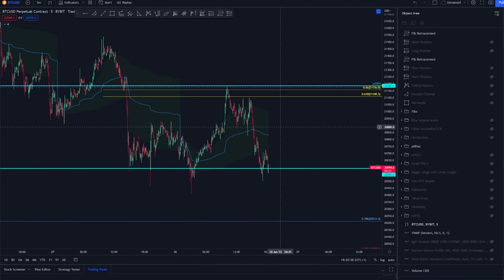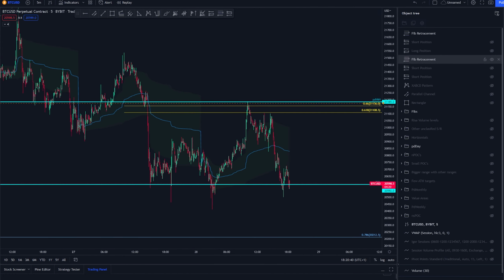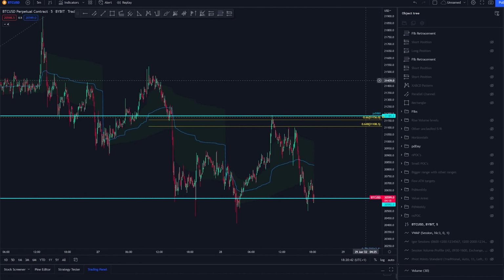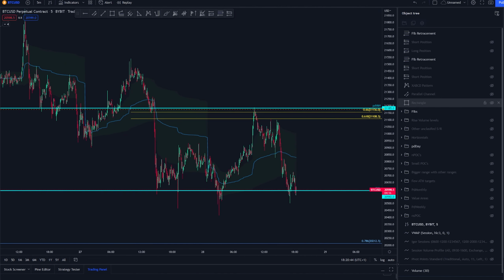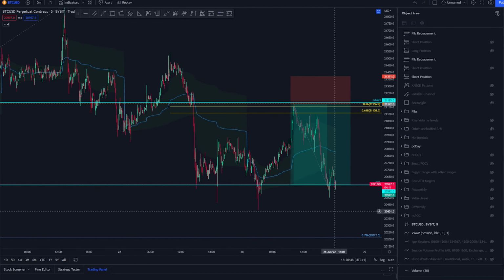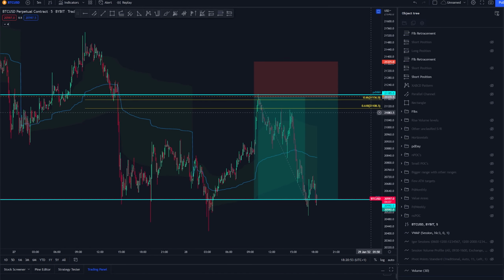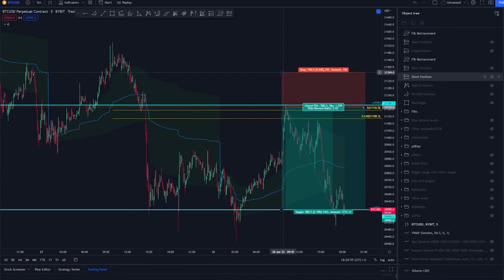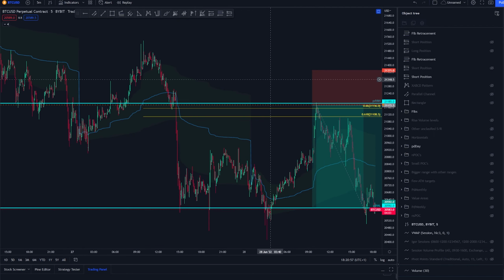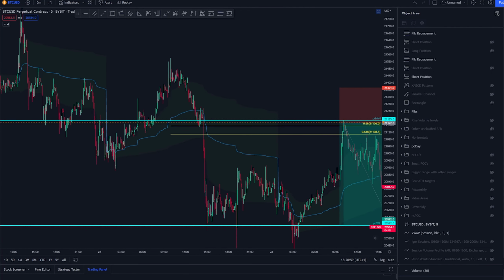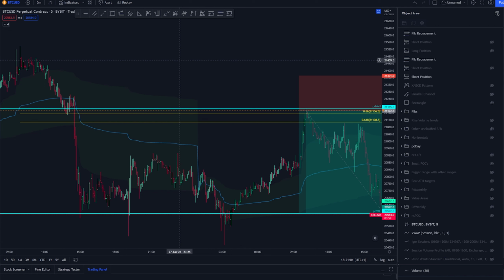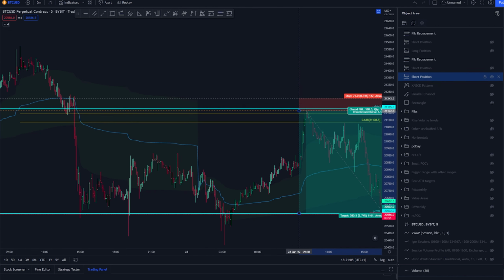Now let's actually draw out the position. So this was the position I considered, right? So entry at around hitting the previous day value area high. Now the stop loss, for me, it's a very hard thing to do, because man, you have that greed, right? You want to put that stop loss as close to your entry as possible, right?